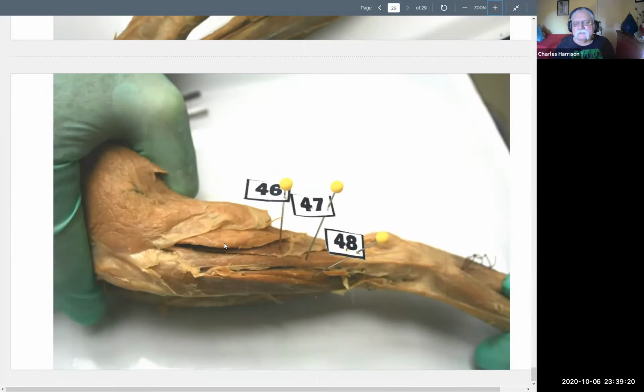Here's the unlabeled gastrocnemius, soleus underneath it, then a long straight tibialis, I'm sorry, fibularis longus, fibularis longus. This number 48 is right into here. This is the extensor digitorum longus. The tibialis anterior is not labeled, it's here.